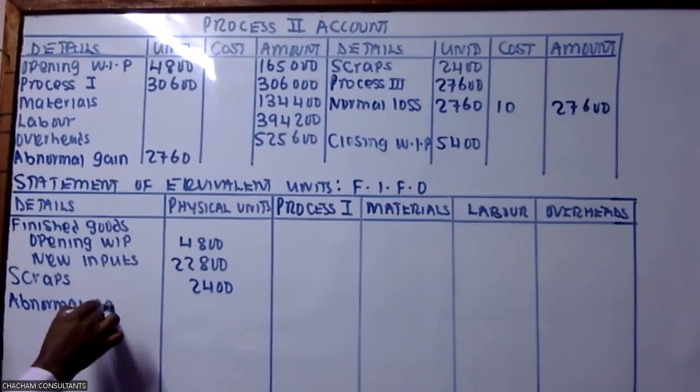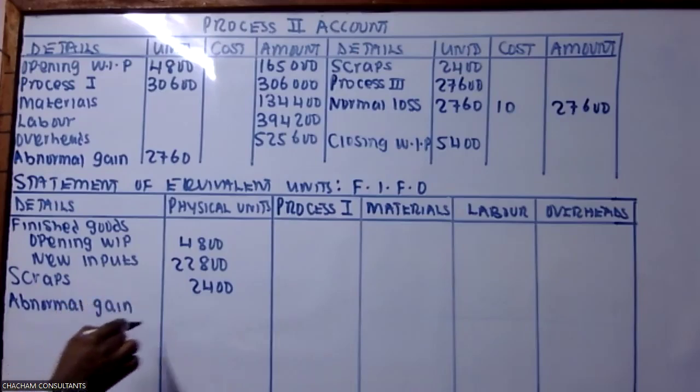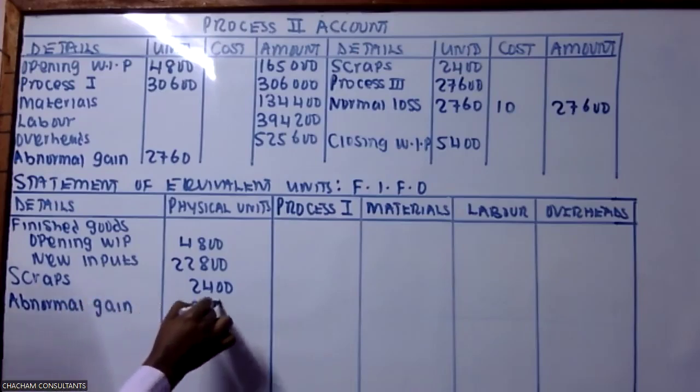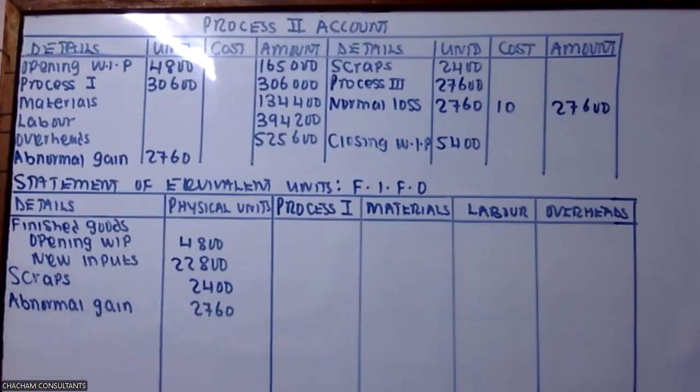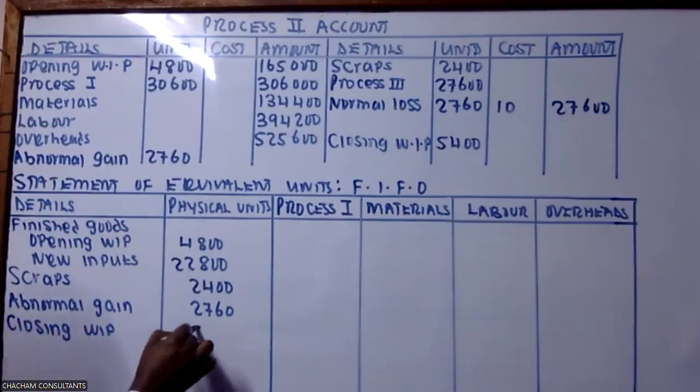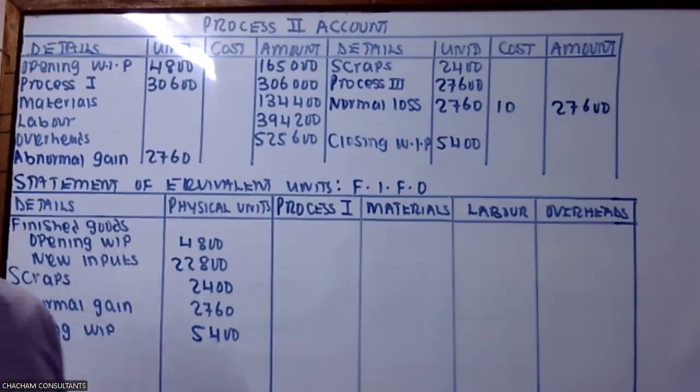So abnormal gain is 2760. The other item that does not have unit costs is the closing work in progress, which is 5,400.